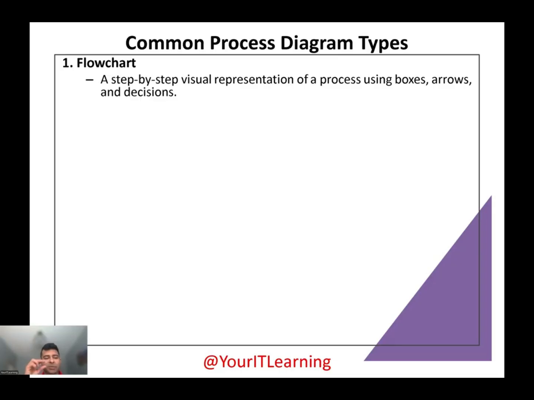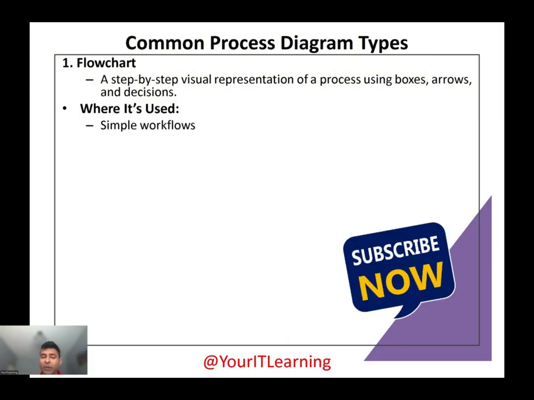There are multiple options in between, and there's a decision box as well, a diamond where you say yes or no. I will have an example in the next slide. Where it's used: simple workflows, approvals, system processes, and customer journeys.